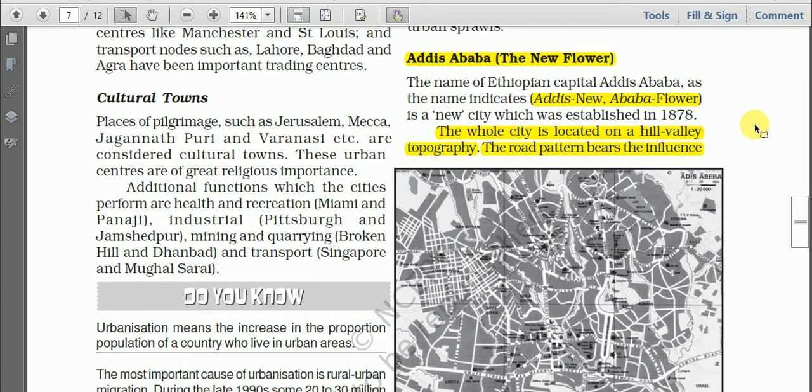Now we shall discuss the morphology of Addis Ababa. The literal meaning of Addis Ababa is the new flower. It is an Ethiopian word: Addis means new, Ababa means a flower.